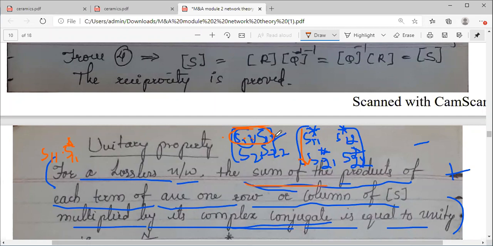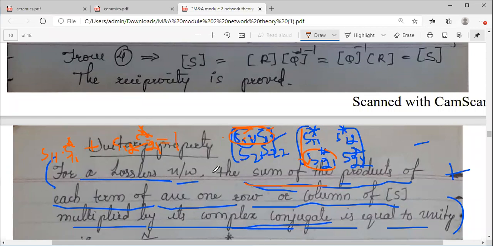It is the sum of the products, meaning I have to continue. One more term you have. You have to complete the row. So the first term is over. Then I will go for S12 multiplied by S21 star. So first row and first column, this is equal to 1.